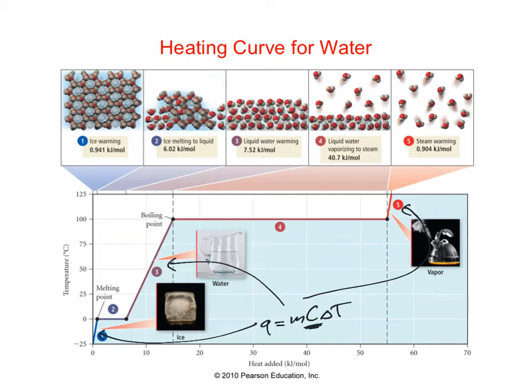So that would have to be 3 separate calculations using Q is equal to MC delta T, in this case using the correct heat capacity for whether I have the solid, the liquid, or the gas.